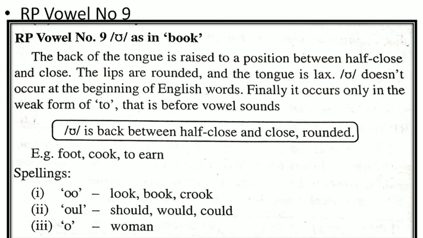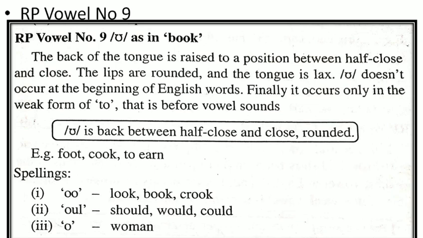RP vowel number 9 is U as in book. The back of the tongue is raised to a position between half close and close position. The lips are rounded and the tongue is lax, and U doesn't occur at the beginning of English words.